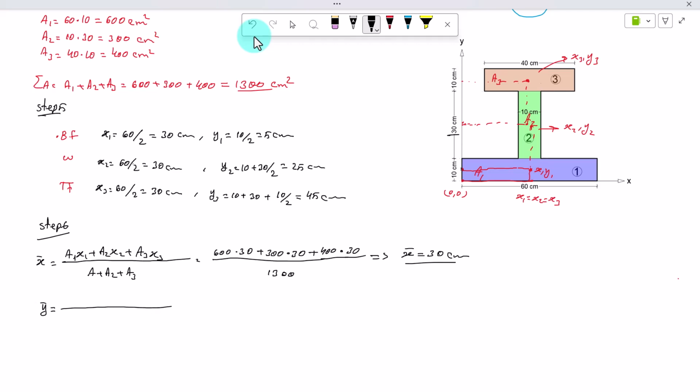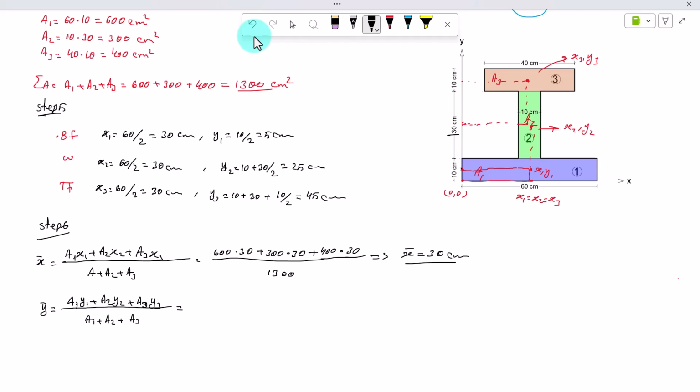And also we can write the y bar formula: A1 times y1 plus A2 times y2 plus A3 times y3 divided by A1 plus A2 plus A3.